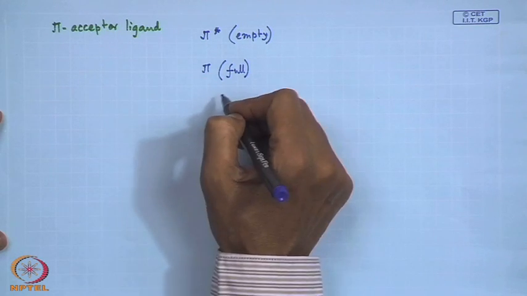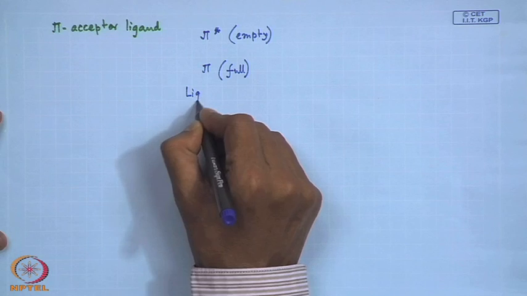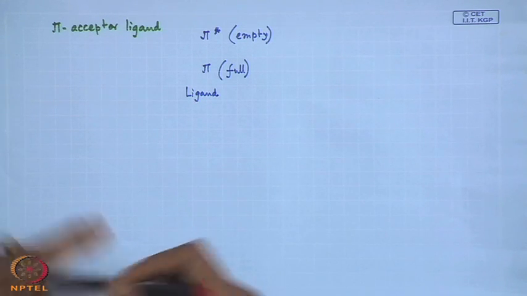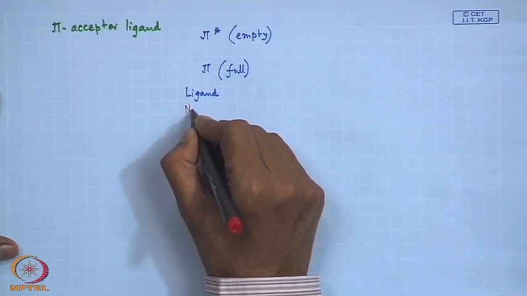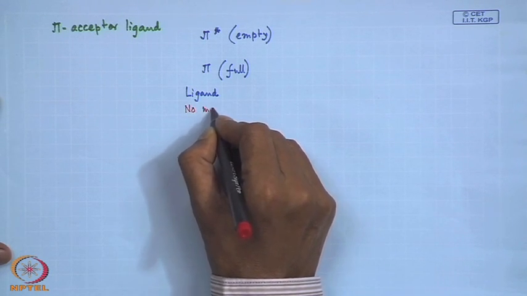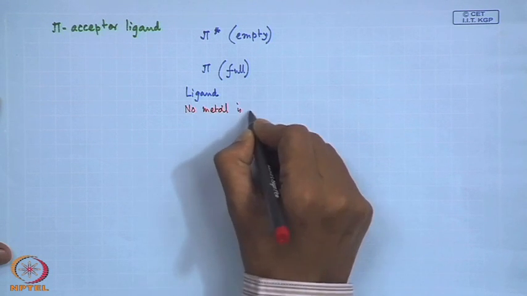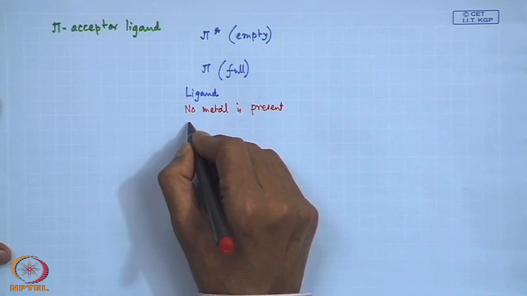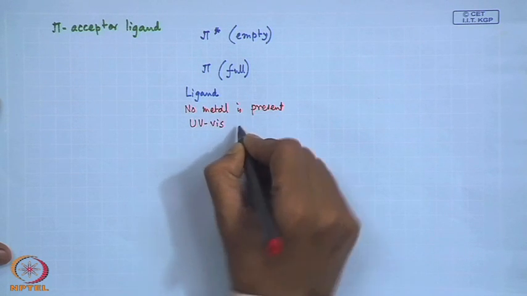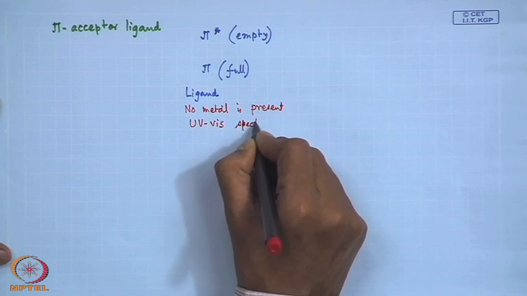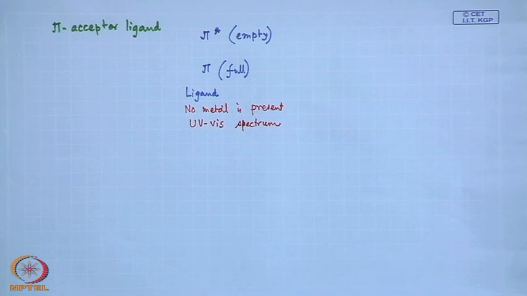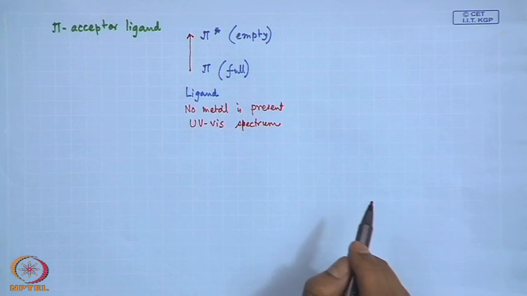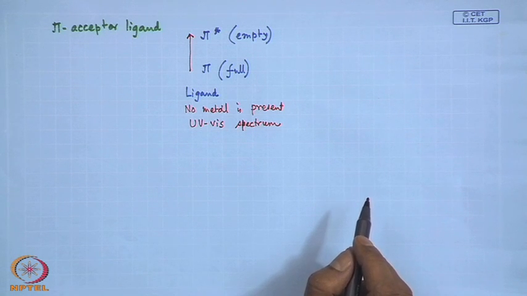So, in the typical molecular system of the ligand, when no metal is present, that means no complex has been formed, in the UV visible range of the spectrum we will see one transition which can be a pi to pi star transition.